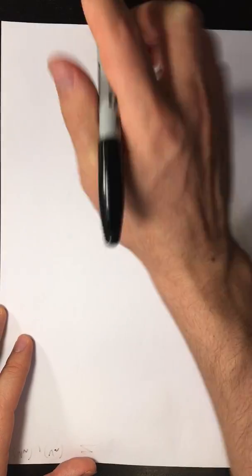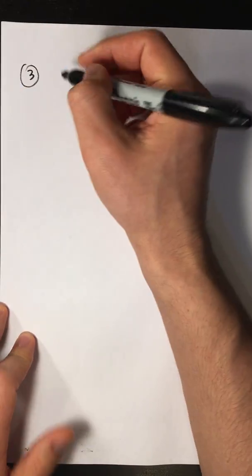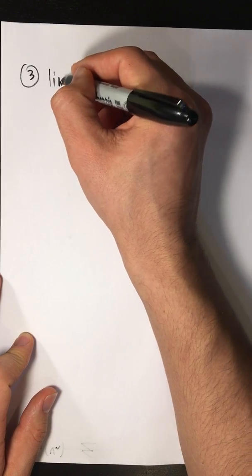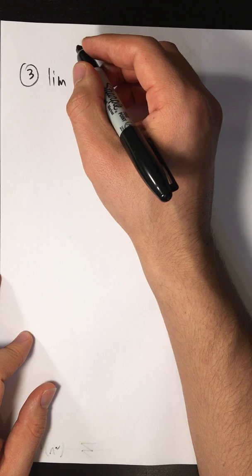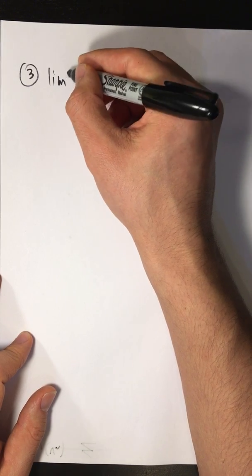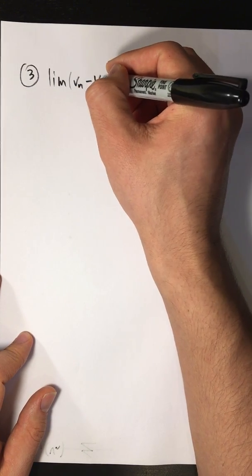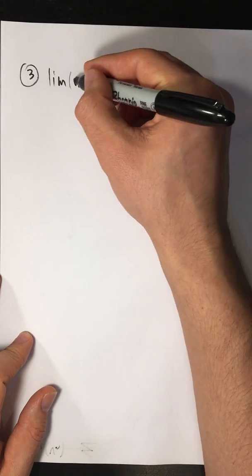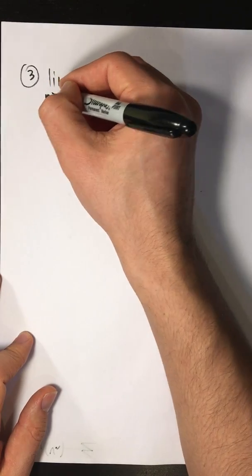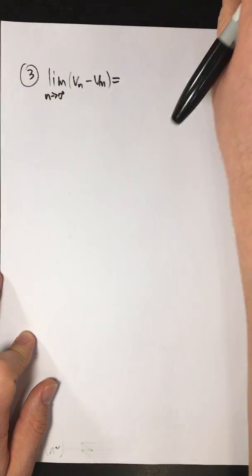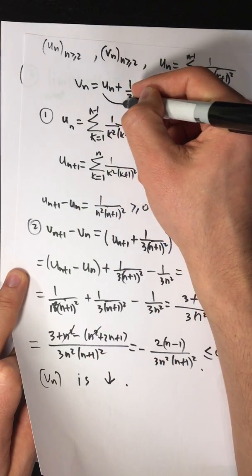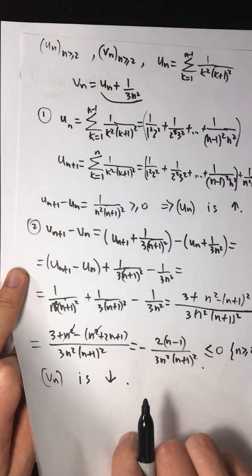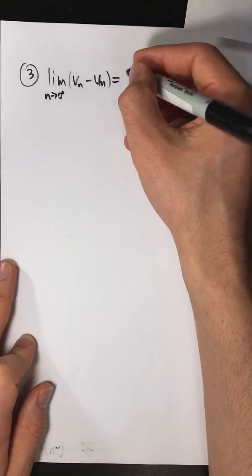Okay, now third step. So limit of, let's calculate Vn minus Un, because Vn is bigger, n goes to infinity. So what is Vn? Vn is equal to this one. So I will write this now.